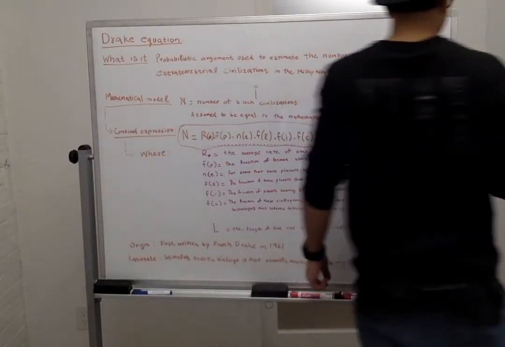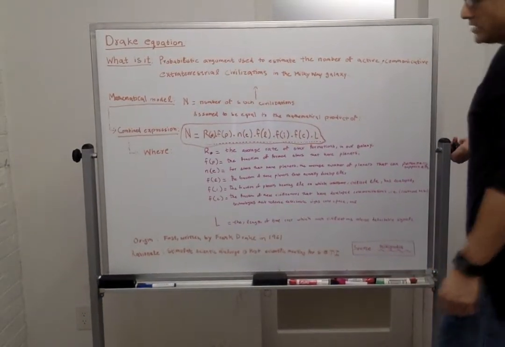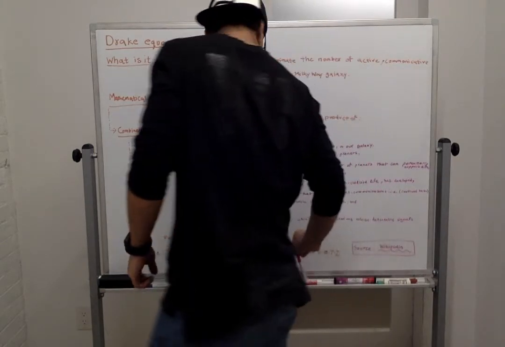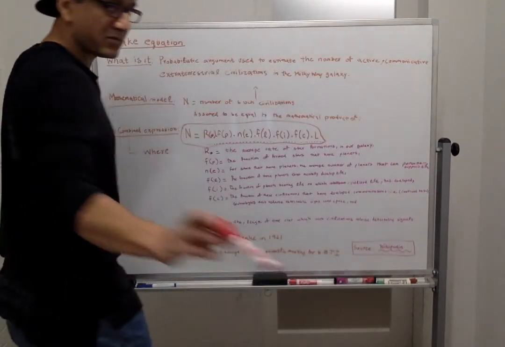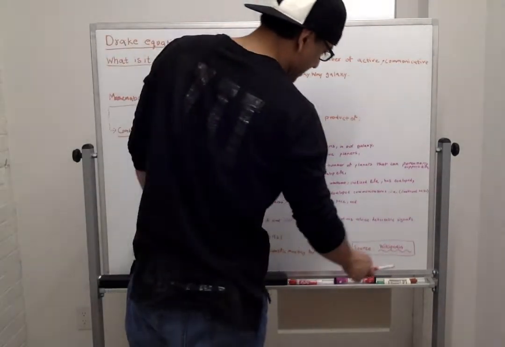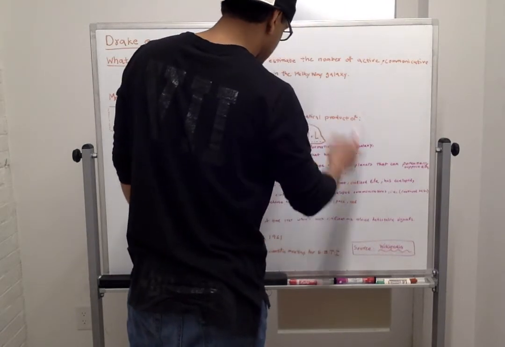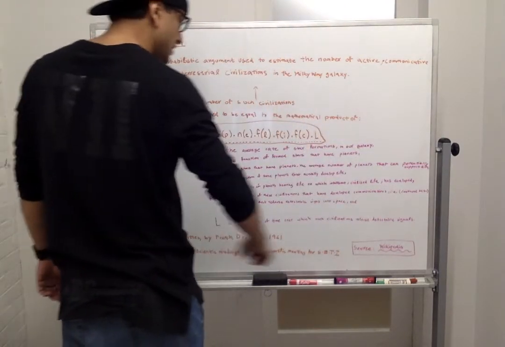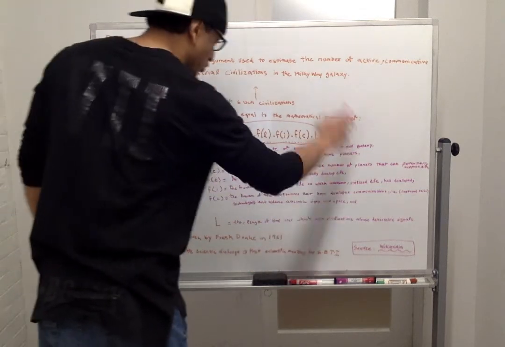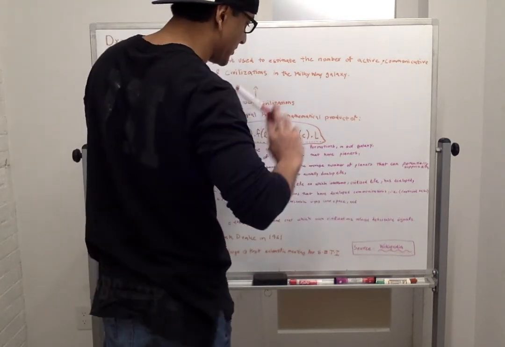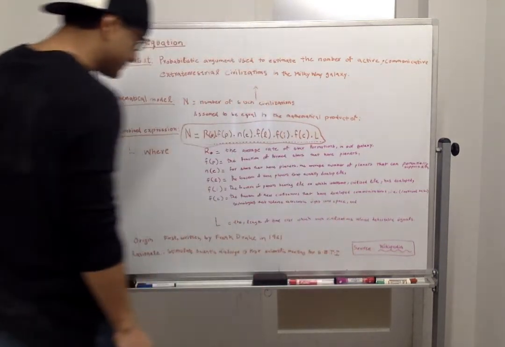Now, before I carry on, I should mention that, except the part where my commentary was added, 100% of the information that you see on the whiteboard is directly from Wikipedia.